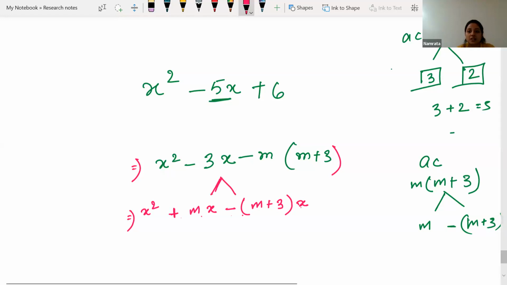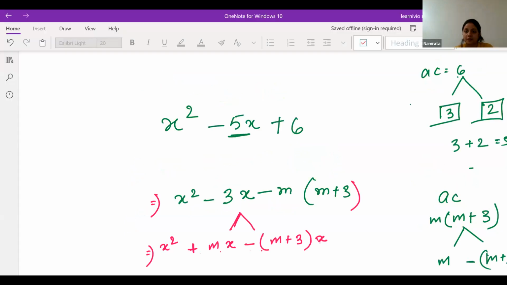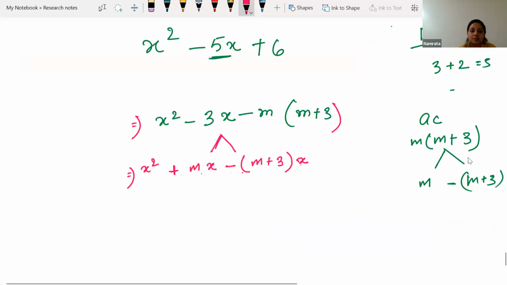Mx minus m plus 3x, will it give minus 3x or not? Can we write minus 3x as plus mx minus in bracket m plus 3x? Yes, ma'am. We can write, right? Now the last term, that is minus m plus 3.